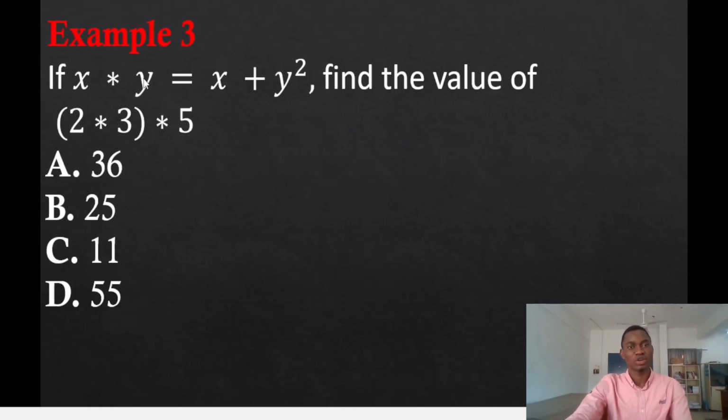If x operated on y is equals to x plus y squared, find the value of 2 operated on 3 in bracket, then operated on 5. Option A, 36, option B, 25, option C, 11, option D, 55.